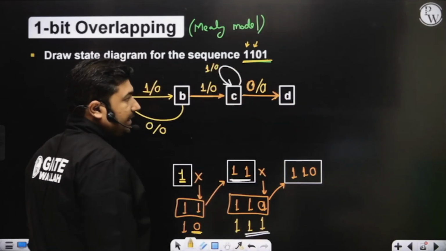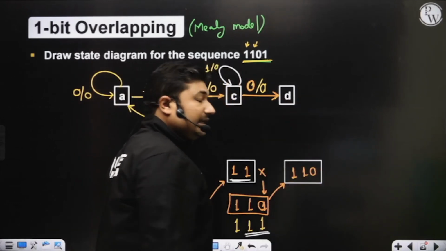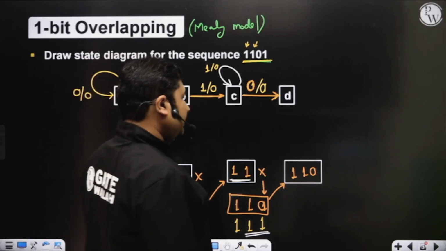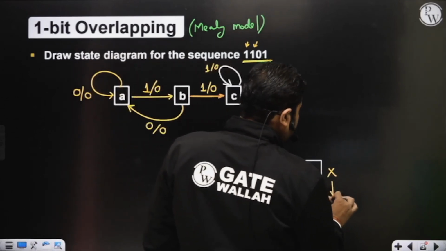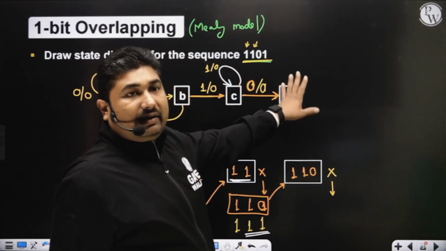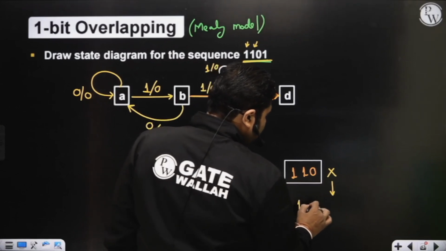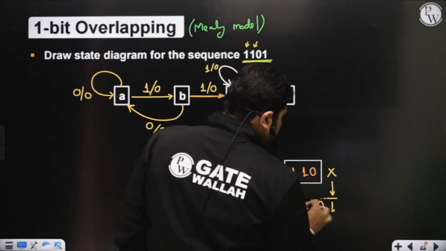Now, state D. Up to the D state, all 3 bits in the sequence got detected. Now this input x may be 0 or 1 and the present state is D. If input x is equal to 1, then all the bits got detected.